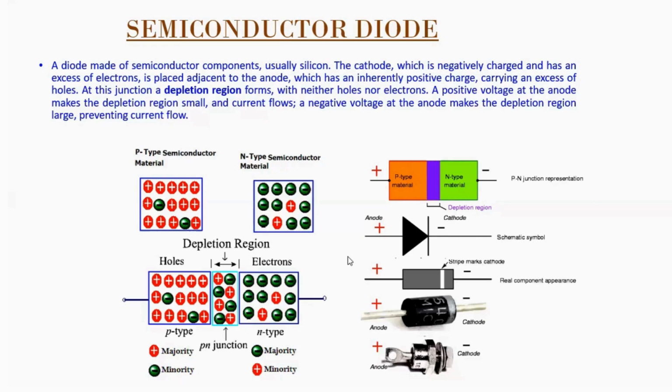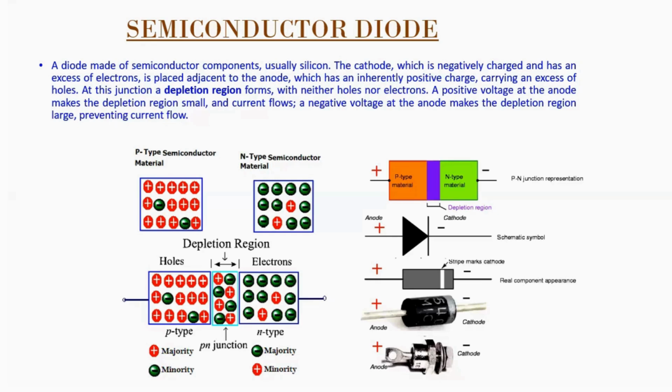In N-type material, the majority carriers are electrons. In P-type material, it is positively charged, or rather we can say holes are present.